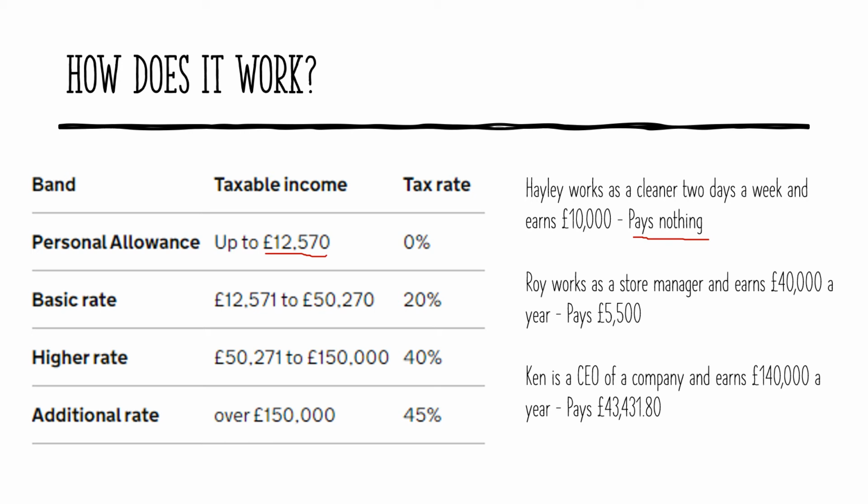And then Ken, he pays a massive £43,431, okay? And 80p, in fact, because he will pay a little bit in the basic rate and then quite a lot of what he earns over £50,271 in the higher rate. Nobody yet is in the additional rate for these guys, but Ken is probably the closest to it.